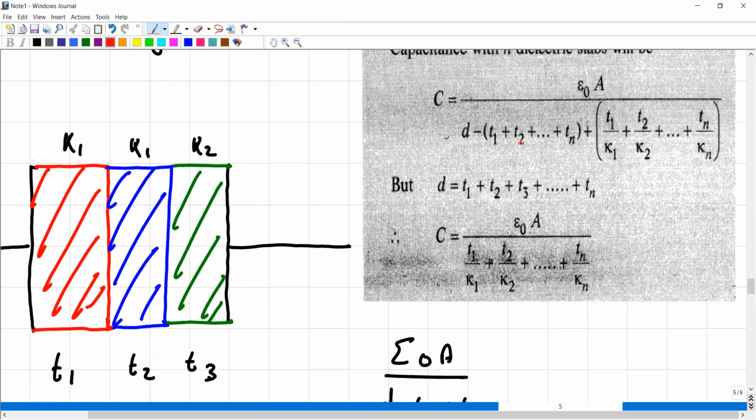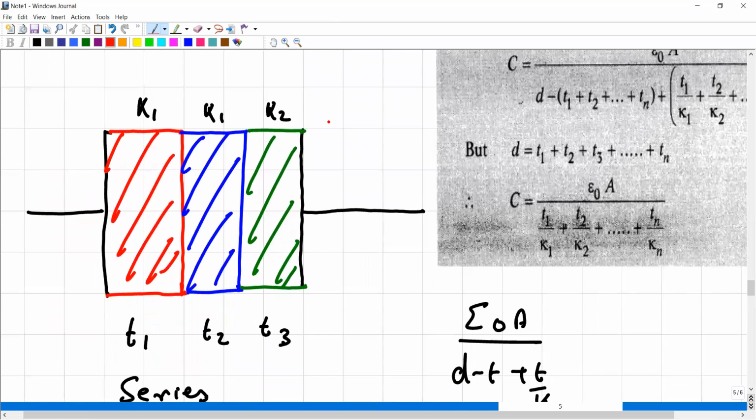But as we see in our diagram here, the slabs are occupying the entire space between the plates. You see, all the slabs are occupying the total space between the plates.